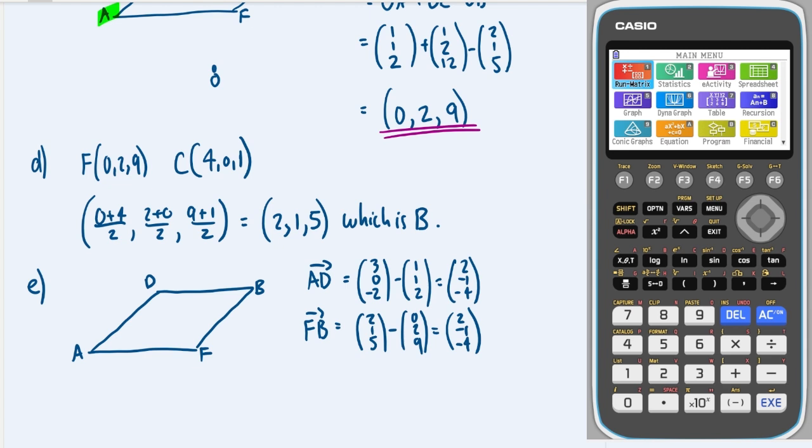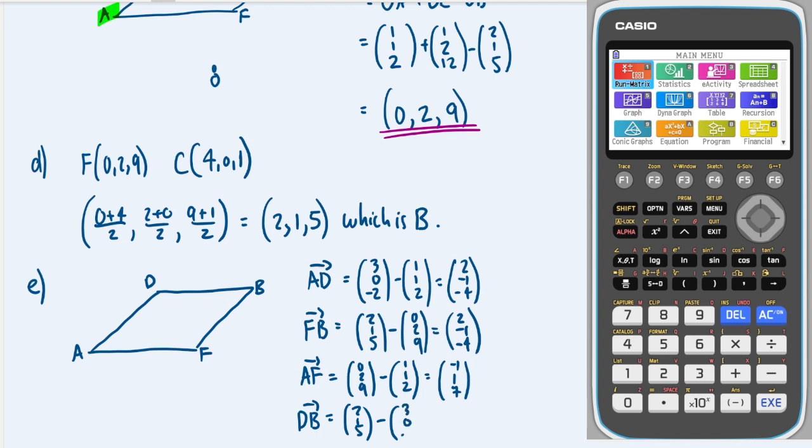Okay, now we need to find the other two sides, so let's go with AF, which is F minus A, which gives me minus 1, 1 and 7, and then the opposite side, DB, is B minus D, and this gives me minus 1, 1, 7.